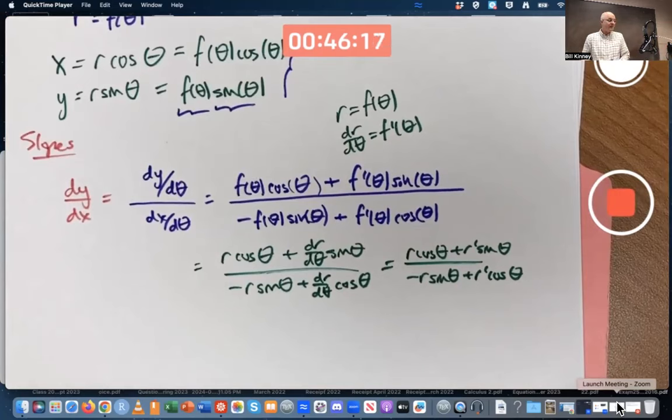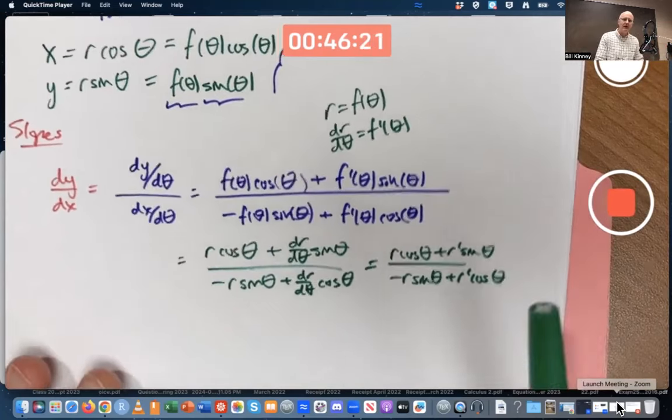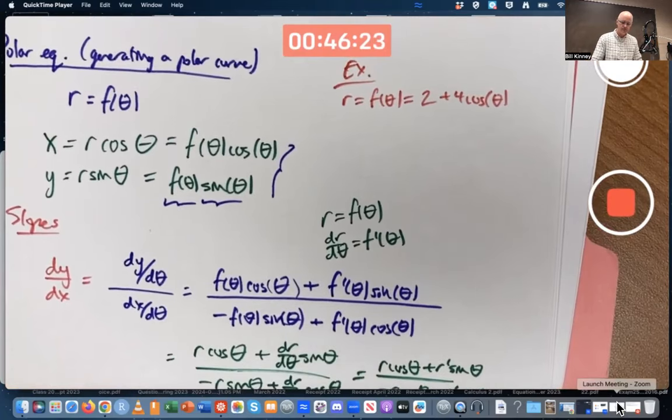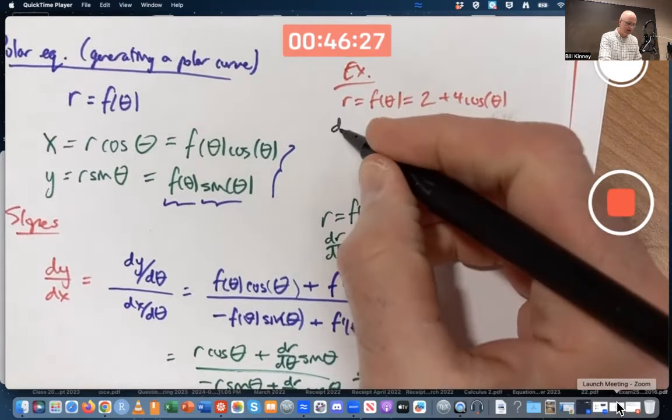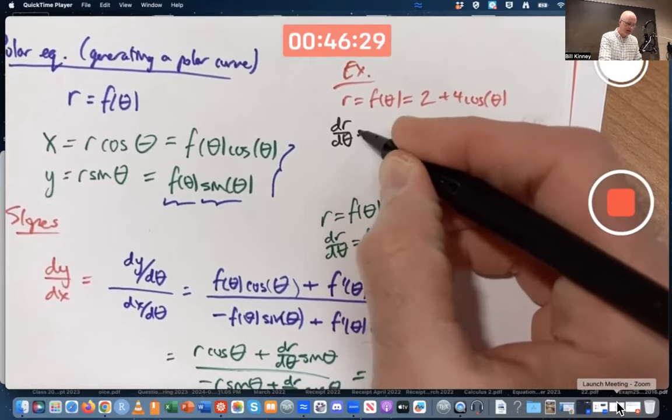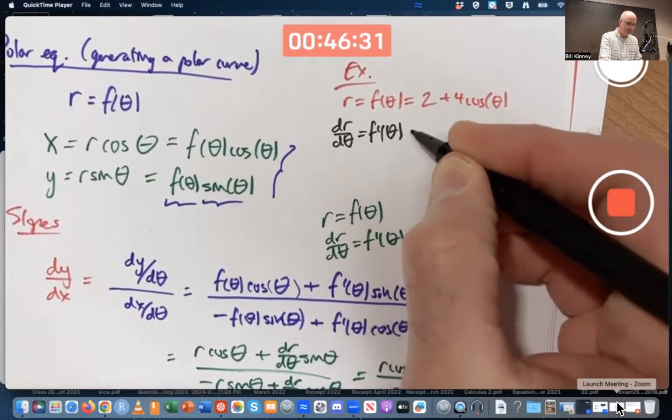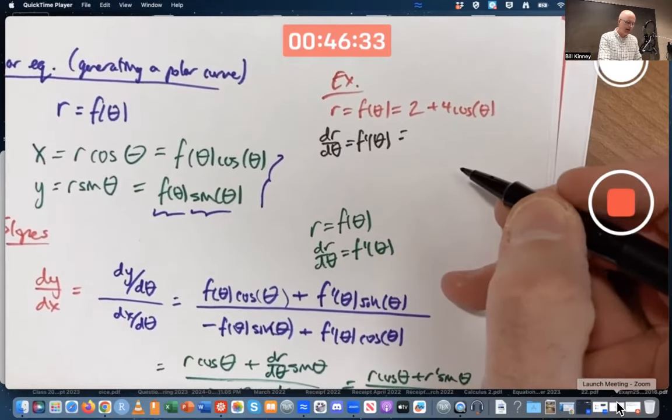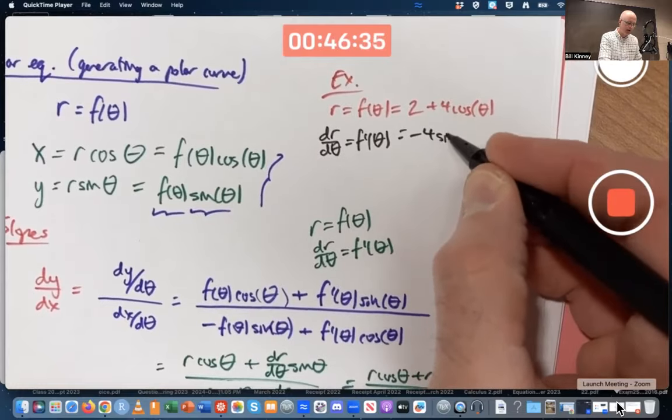Okay. So for our example, how could this work out? We should find dr d theta, f prime of theta. If we do that, we will get negative 4 sine theta.